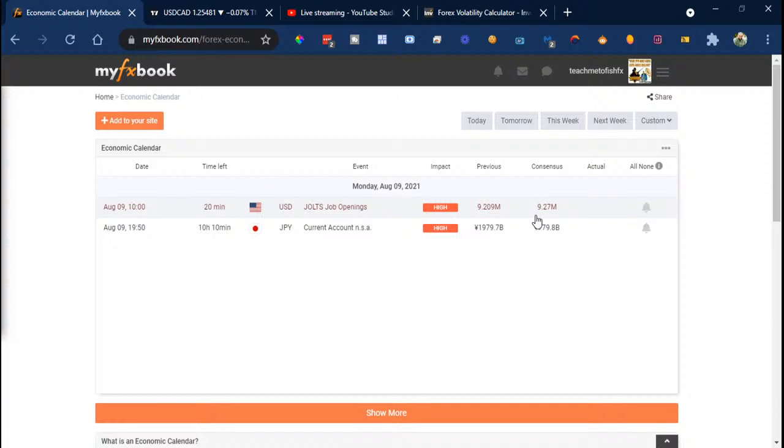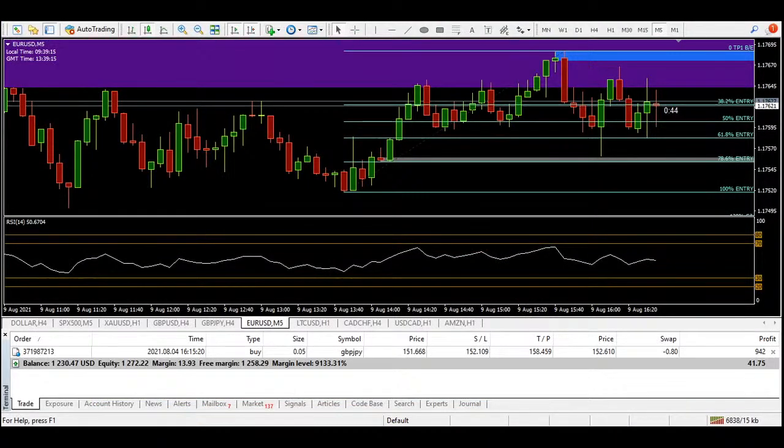All right, and that's based on the consensus, and that's usually wrong. So I'm feeling pretty confident that it will push back up, but could be wrong.